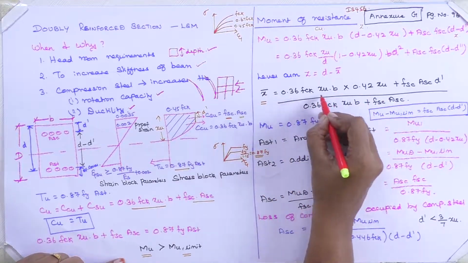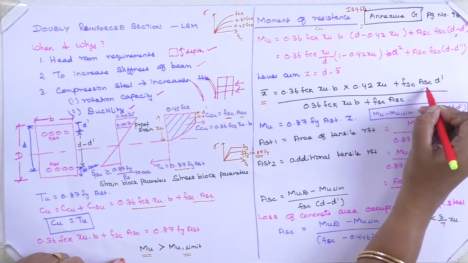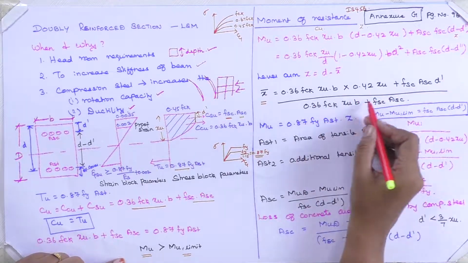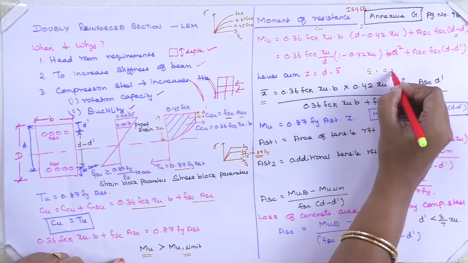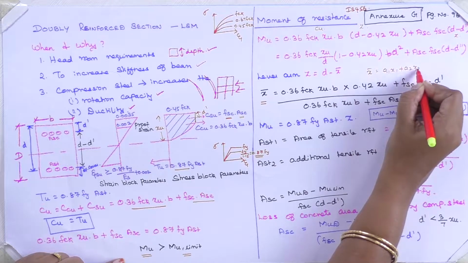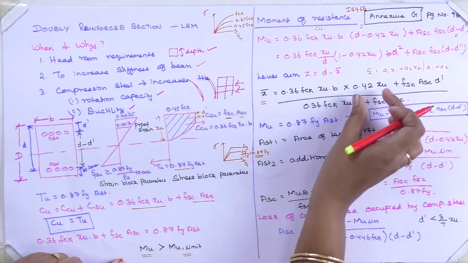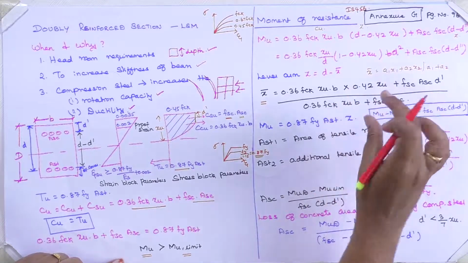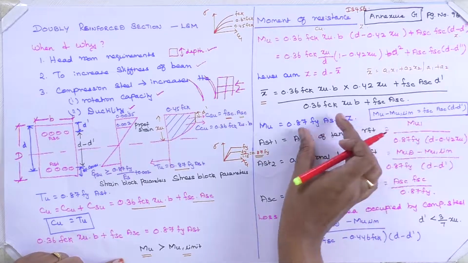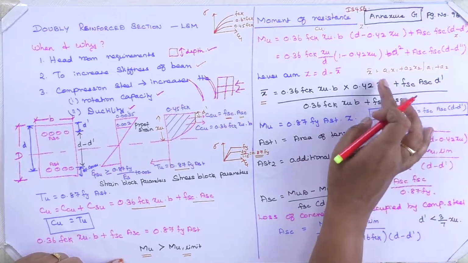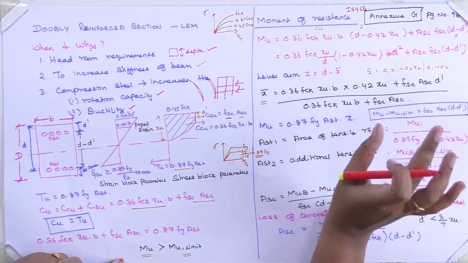This is my compression force into 0.42 xu plus Fsc Asc into d dash, divided by, this is like x bar equals A1 X1 plus A2 X2 divided by A1 plus A2, right? This is my area, this is my X1, that is the distance travelled. This is my area, this is my distance travelled, so divided by A1 plus A2. This is the formula for calculating the centroid of my compression force.